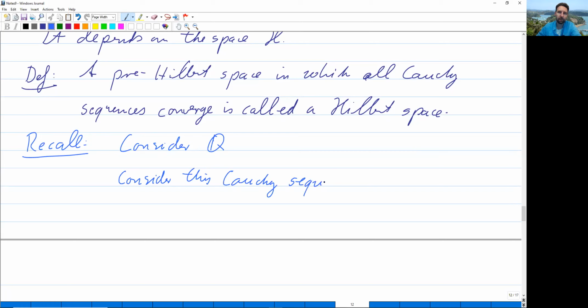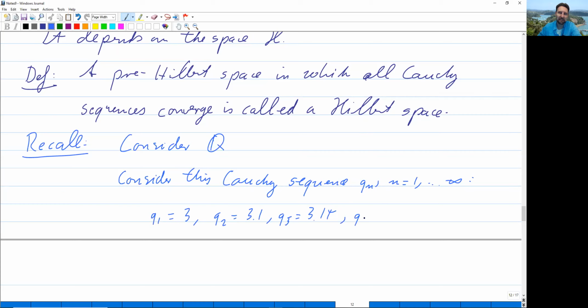So I'm going to write down now a sequence of numbers, let's call them Qn, where n is equal to 1, 2, all the way to infinity. Consider this Cauchy sequence, which is defined by Q1 is 3, Q2 is equal to 3.1, Q3 is equal to 3.14.